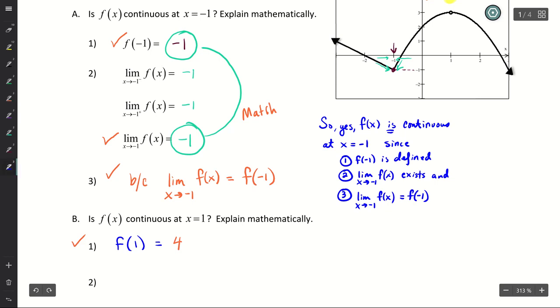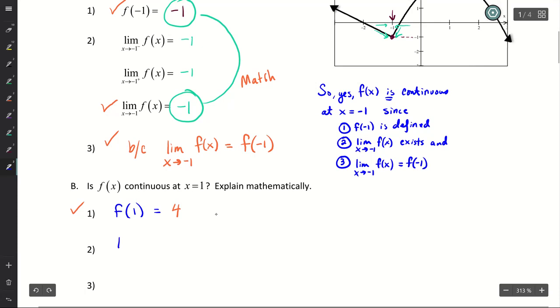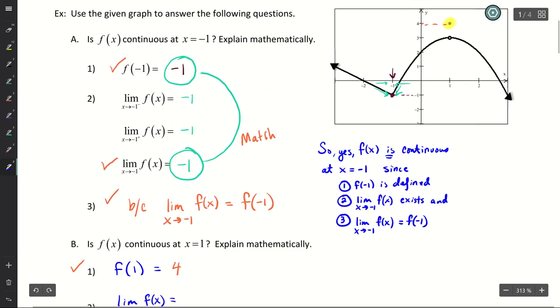The second part is that the limit needs to exist at 1. So let's take a look at the limit as x approaches 1 of f of x. Coming over here, you want to approach 1 from both the left and the right.